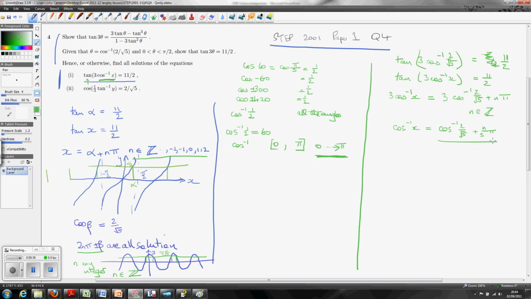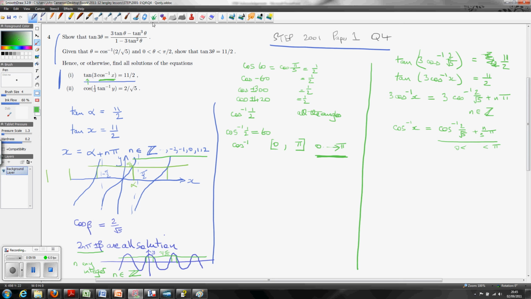So that means this value here, cos to the minus 1 of 2 over root 5, which is an angle, and I won't go into this, but it's an angle less than 60 degrees, less than pi over 3. That angle plus n pi over 3 has to be between 0 and pi.